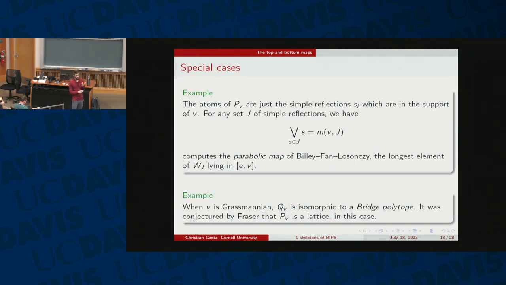Okay, so just a couple examples of this lattice operation. If we take a join of a bunch of atoms of this poset, so elements of rank 1 of this poset are simple reflections, swapping i and i plus 1. It's a theorem of Billy, Fan, and Lasson. I don't know how to pronounce that name, I'm sorry.